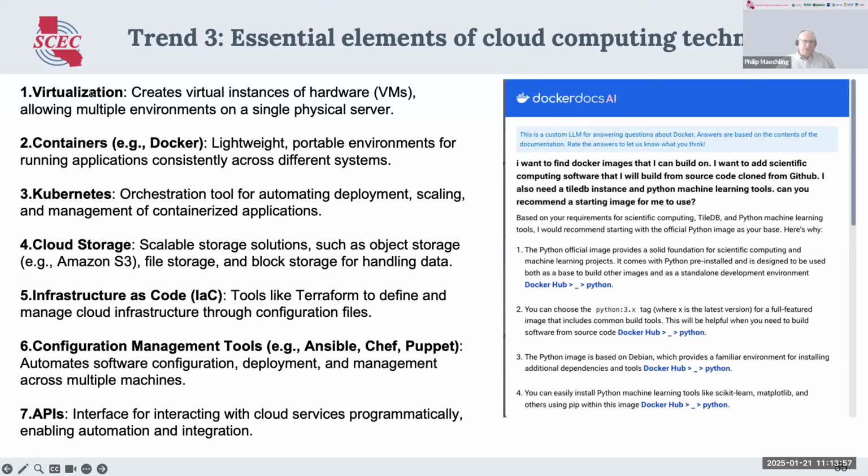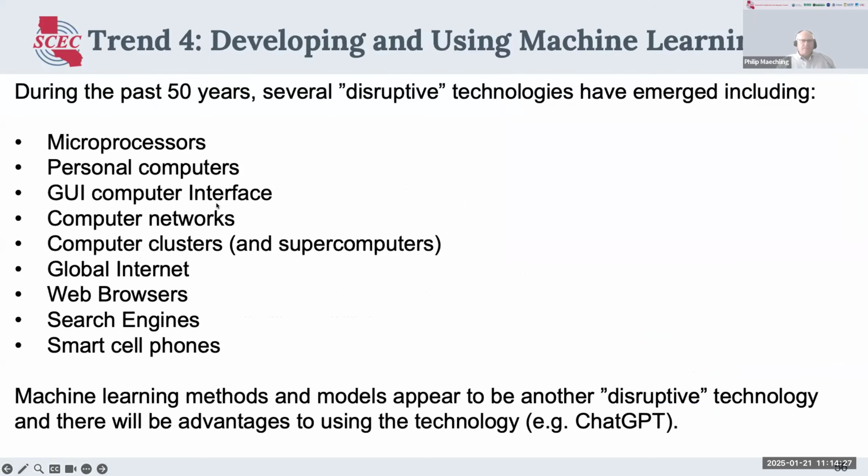And that introduces a collection of its own technology, listed here: virtualization, containers, Kubernetes, cloud storage, infrastructure as code, configuration management tools. All of these are computing issues that are confronted when working with cloud computing. So although it's more to learn, it's likely you'll be faced with this in the future.